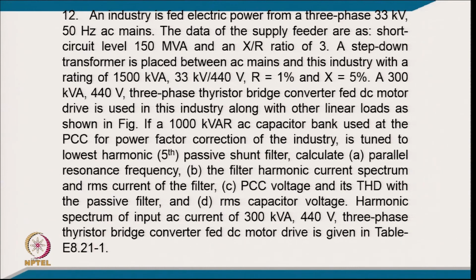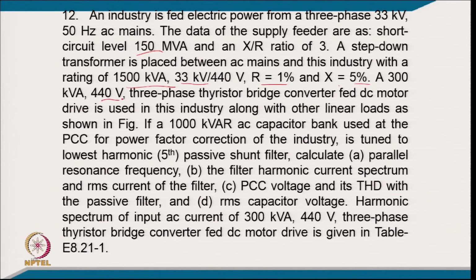Now, coming to the 12th problem: an industry is fed electric power from a 3-phase 33 kV, 50 Hz AC mains, with a supply feeder at the edge having a short circuit level of 150 kVA and X upon R ratio of 3. A step-down transformer of 1500 kVA, 33 kV by 440 V, with resistance of 1% and reactance of 5%, is placed between the AC mains and the industry.